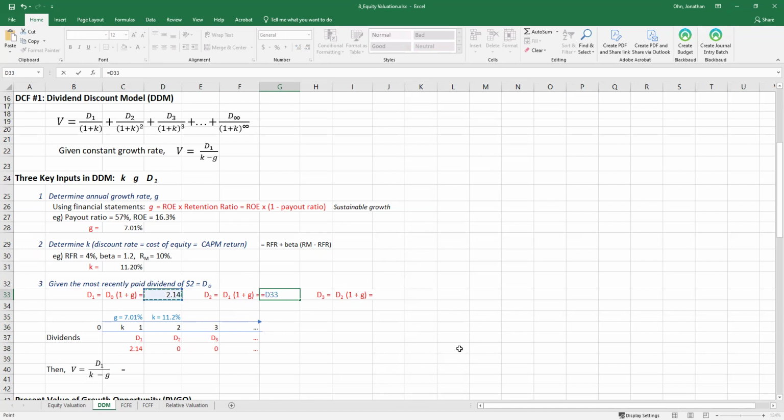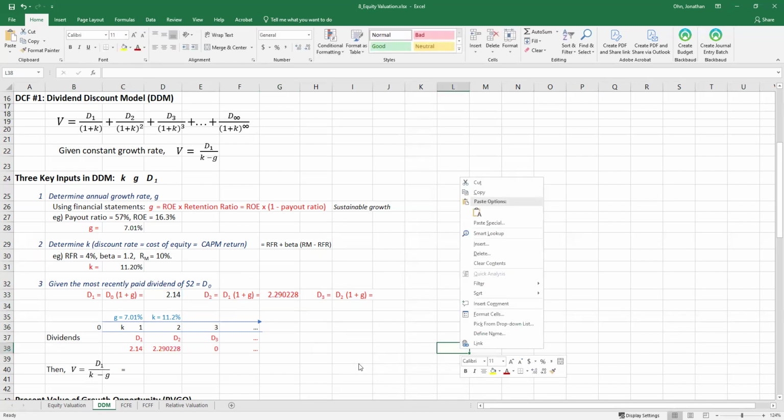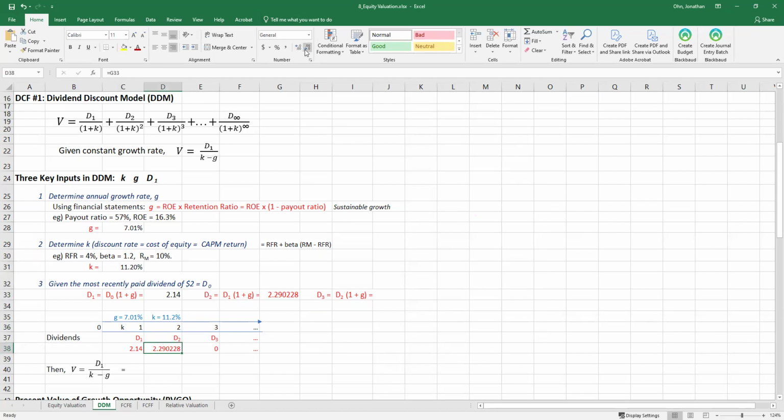So this one times 1 plus 7.01% gives $2.29, and the next year is this previous year's times 1 plus 7.01%, that is $2.45.